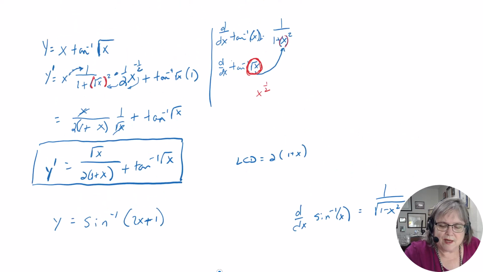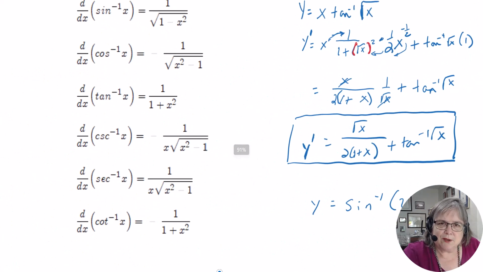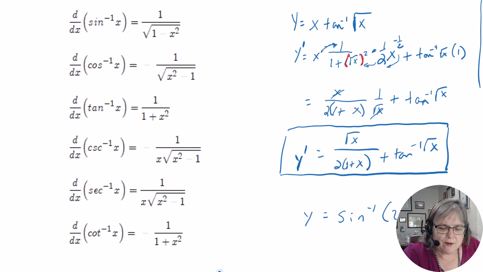Now, as you can tell, let's go back over here and look. It's really easy to lose things and suddenly your entire problem's wrong. So if you look at this one and this one, they both have the square root of x squared minus 1 with it. One has an x on the bottom. This one has a minus.